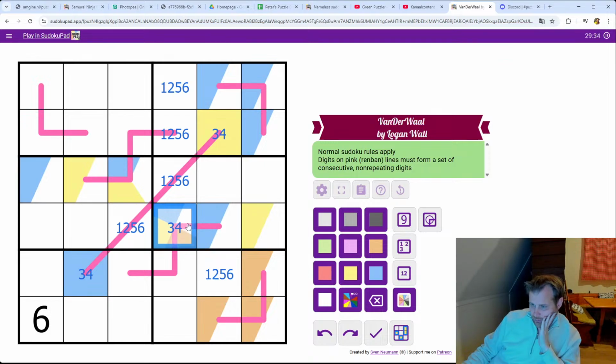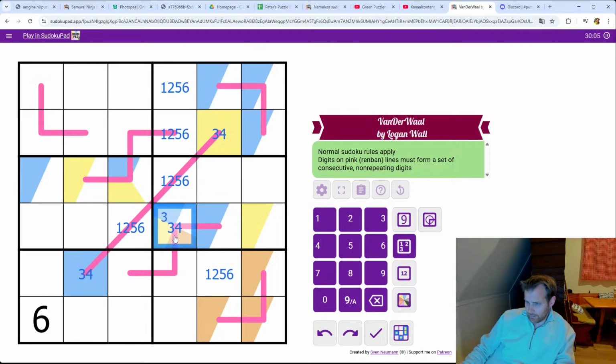So, if this is a 3, then you know there's a 4 here, yes, which means 4. Yes, sorry, but if row 4, column 4 is a 3, then you know 4 is in here.